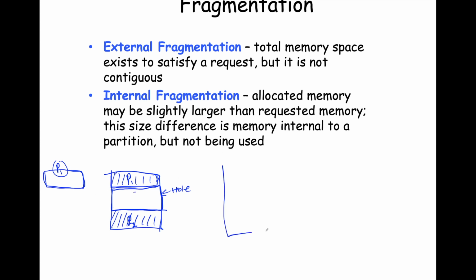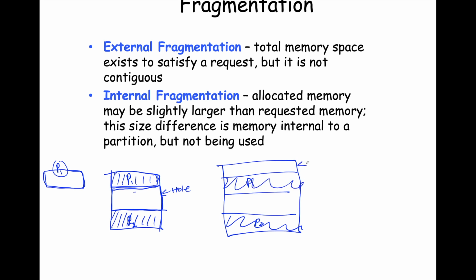Now, of course, if you had more holes than that, you could have 1, 2, 3, and here's P2 occupying that. Here is P1. Let's say P1 is allocated here. Now we have this first hole, and then we have our second hole. The external fragmentation is the combination of all of the holes added together.